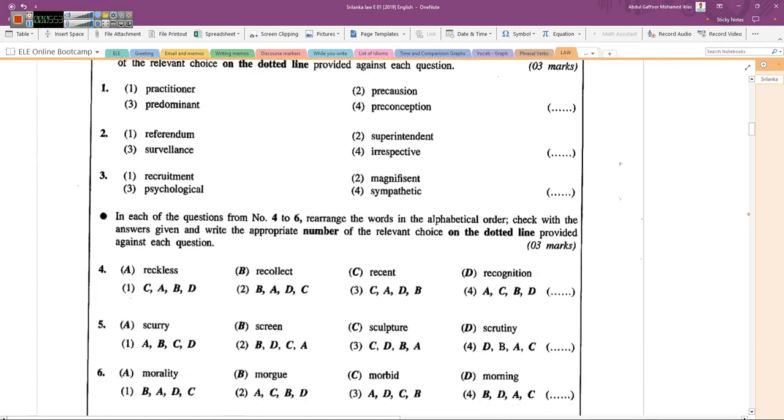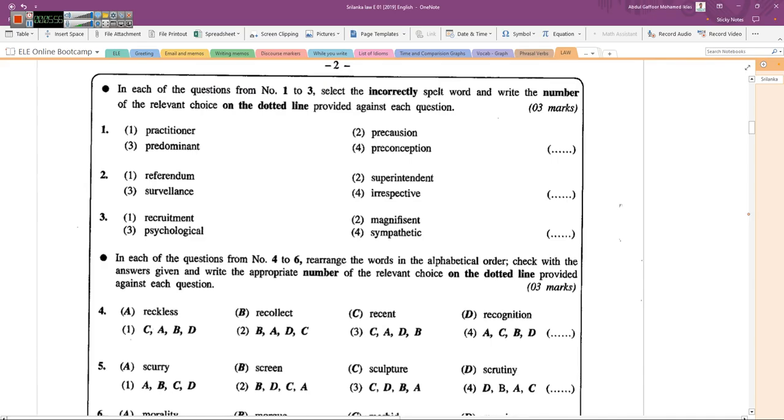That's all. Now we will move to the first question, that is, in each of the questions from 1 to 3, select the incorrectly spelled word and write the number of the relevant choice on the dotted line. You are not supposed to underline; you are supposed to write the relevant choice on the dotted line provided here. These rules should be adhered to when you are answering the paper.